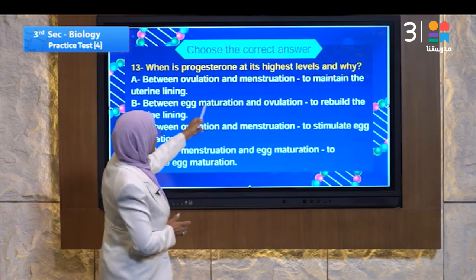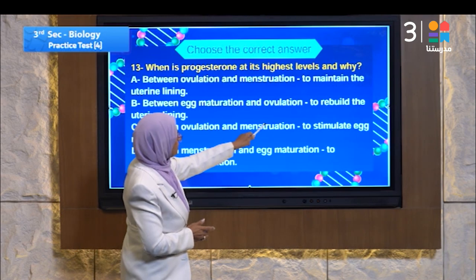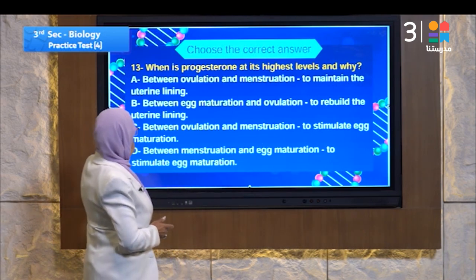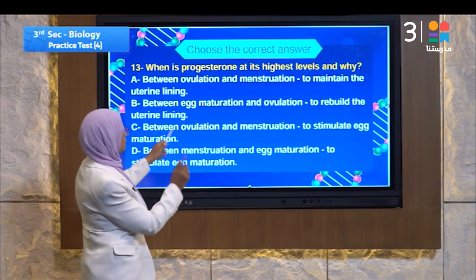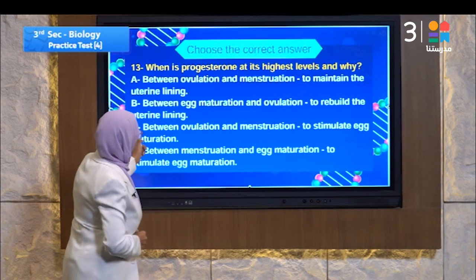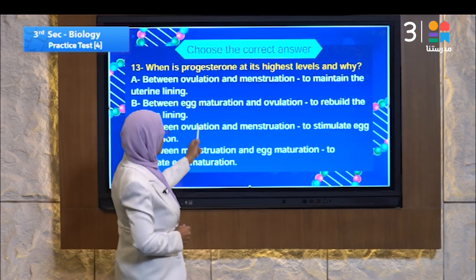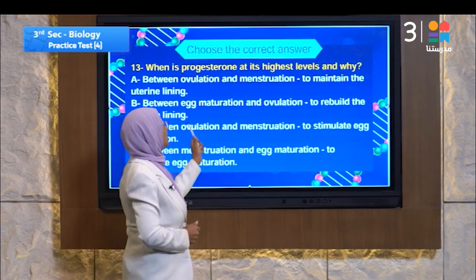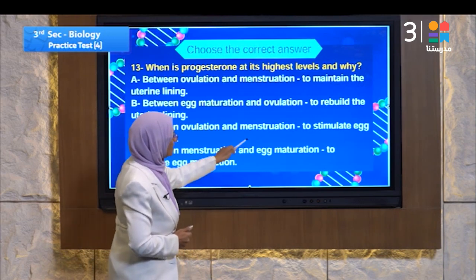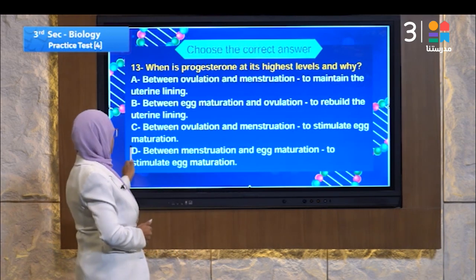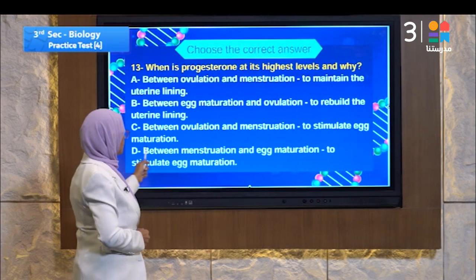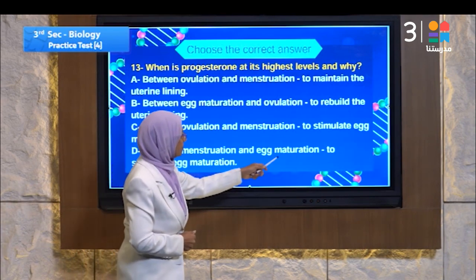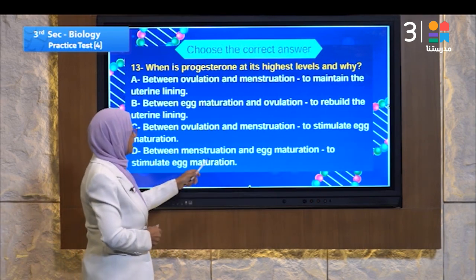B, between egg maturation and ovulation, to rebuild the uterine lining. No, not for rebuilding. C, between ovulation and menstruation, to stimulate egg maturation. D, between menstruation and egg maturation, to stimulate egg maturation.